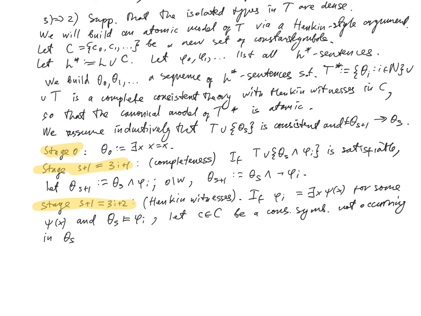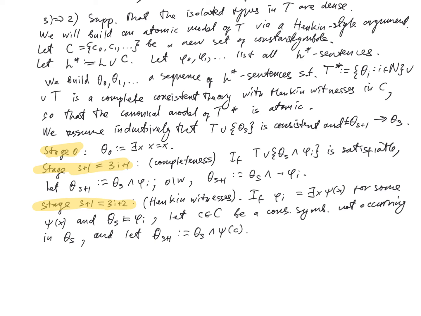As usual, theta_s is a single sentence, so can only contain finitely many constant symbols from C, and we can pick one which does not appear in it. And we let theta_{s+1} be the conjunction of theta_s and psi of c.